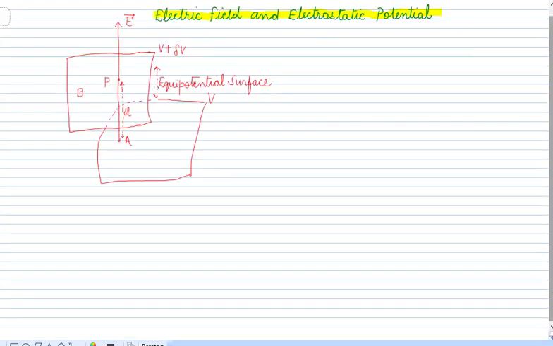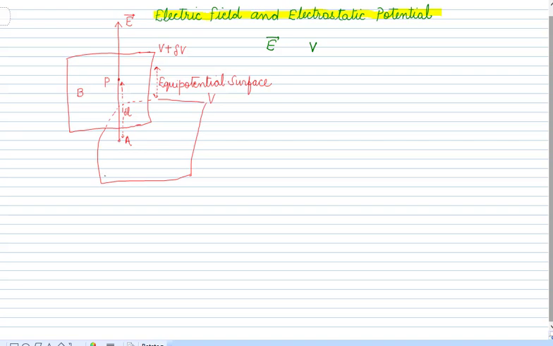Electric field and electrostatic potential. To find the relation between the electric field E and the electrostatic potential V, we are doing a simple derivation, and for this derivation we are taking equipotential surfaces.